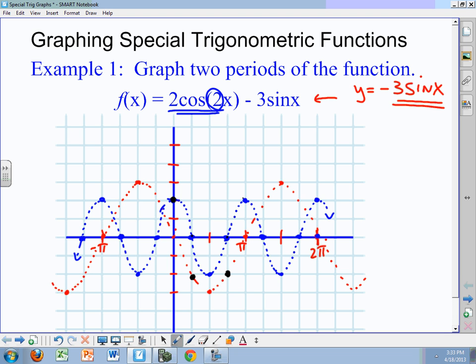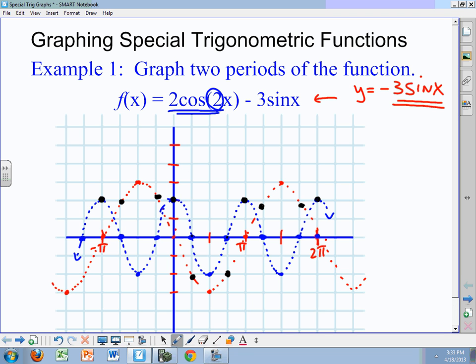Here at pi, we are going to label that one. Again, we see another spot right here, another x-intercept over here, another x-intercept here. All right, once we've got the x-intercepts done, let me go backwards over here as well. I've got another one here, I've got another one here, and then another one there.